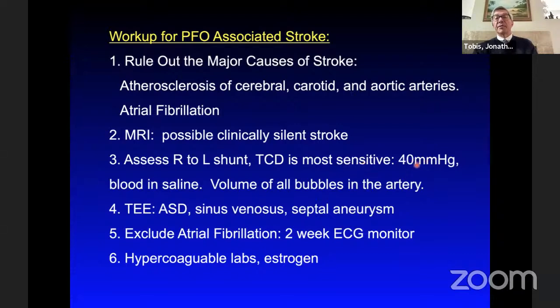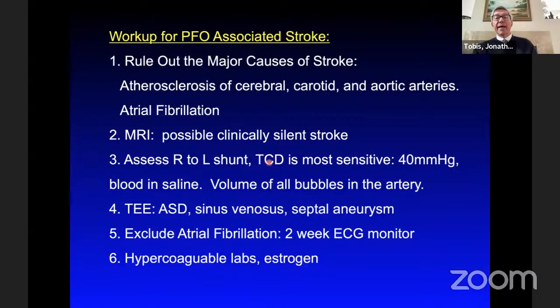We have the patient blow into a manometer and maintain 40 millimeters of mercury, and that way you know that they're actually obtaining that pressure rather than just sort of pursing their lips. I also draw back blood in the saline injection that emulsifies the blood, the bubbles, and so you get more of a foam, and the bubbles stay in solution.